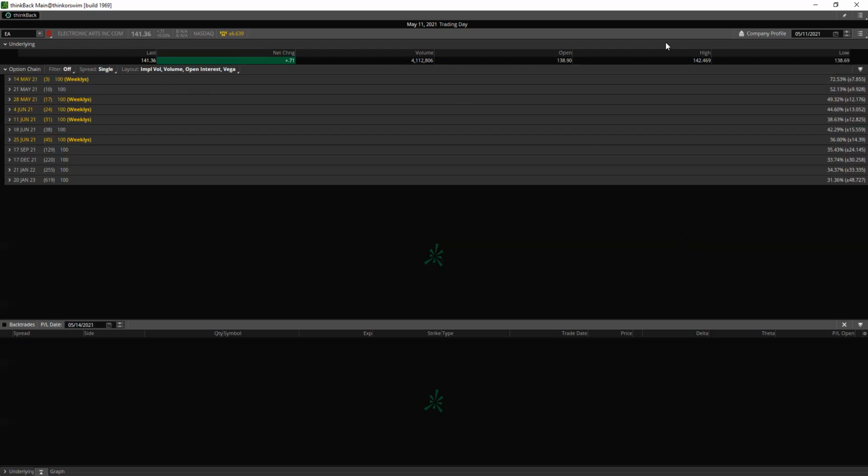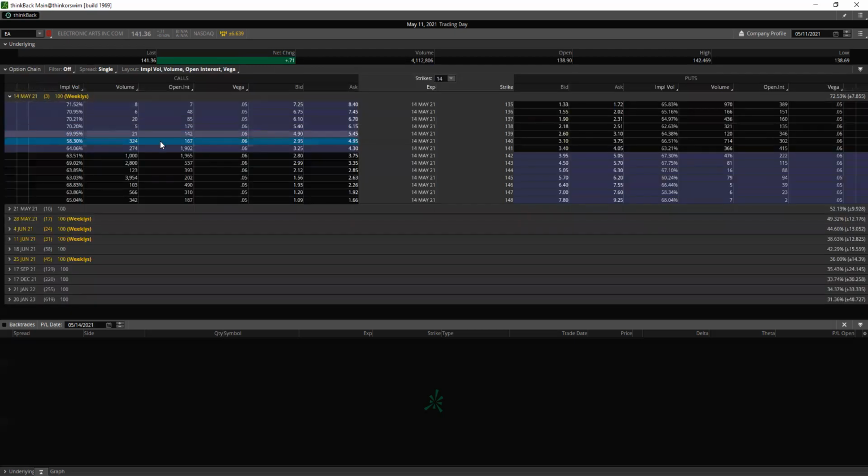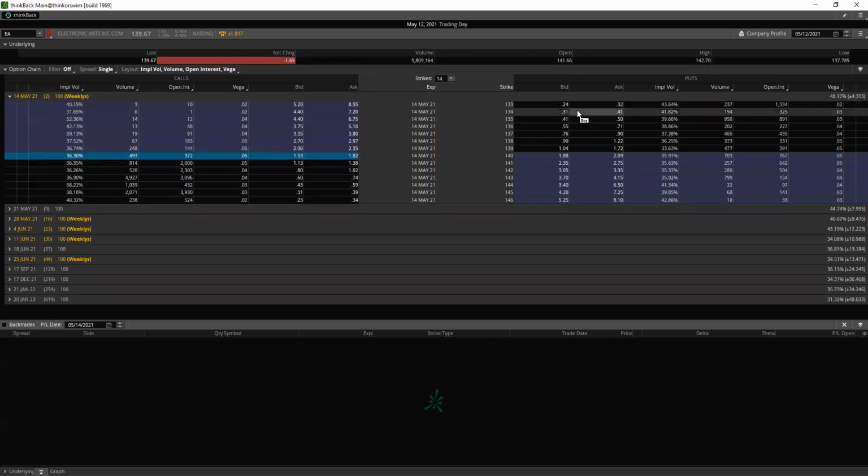So, for example, if we look here at the options for EA going into earnings, we have the volume at 8 here, 1,000, 2,800, etc. So basically we have volume of trading, sure, but notice that all the implied volatility levels are elevated. So when we pass through earnings, what do we see?